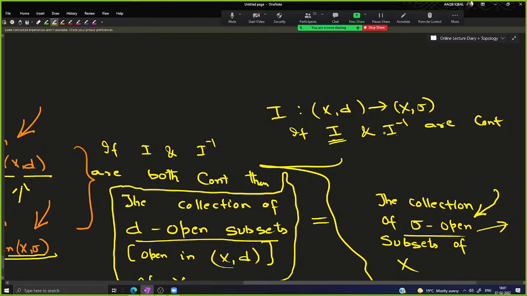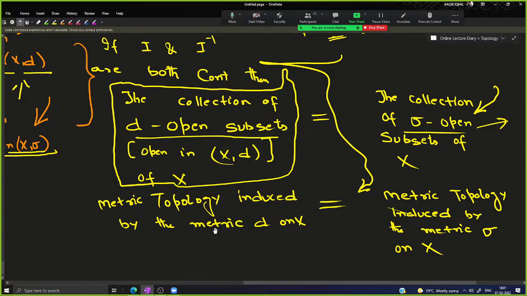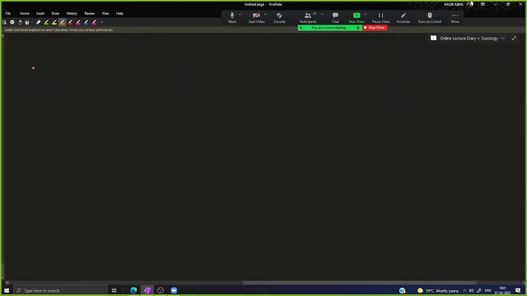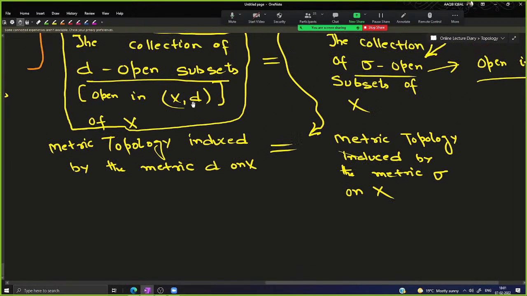So that means if the identity mapping from a metric space XD into a metric space X sigma is a homeomorphism, then actually the two metrics induce the same topology on the underlying set. और ऐसी metrics को हम कहते हैं equivalent metrics. तो आप ये definition लिखिए. मैं असल में इस equivalent term को justify कर रहा हूँ. इनको equivalent असल में इस वजह से कहा जाता है. Because eventually जो इनकी metric topologies होंगी वो same होंगी.